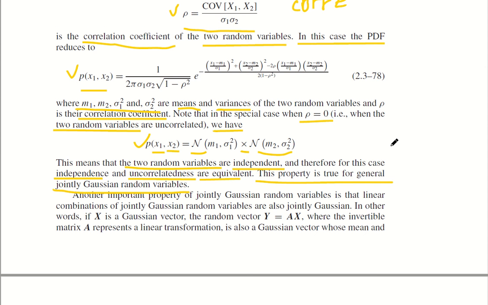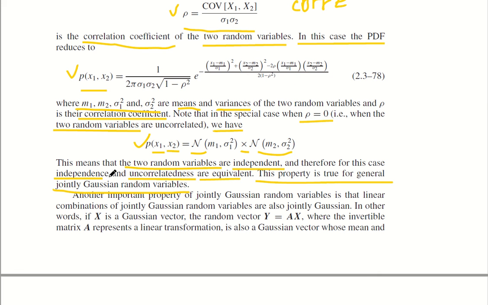And I have to point out that this is true only for Gaussian. If you have a random variable that is not Gaussian, then this may not be true. Okay, so Gaussian is something that is well behaved, meaning that we have uncorrelatedness equivalent to independence.